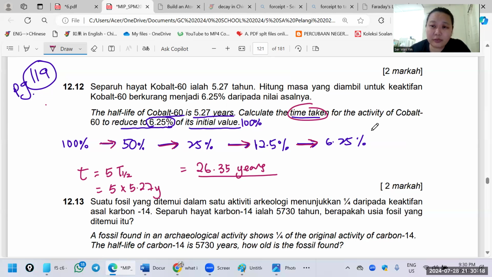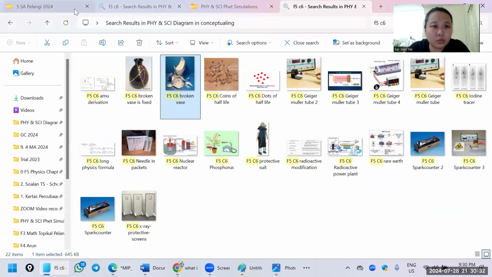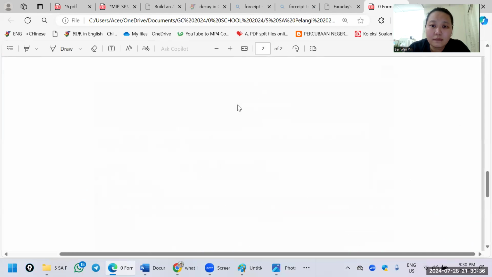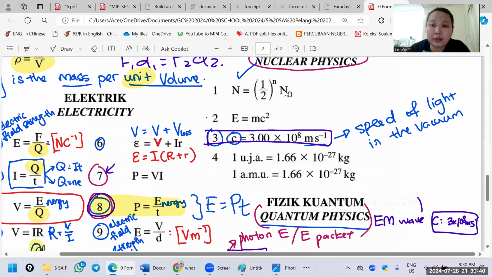Or if you want the formula, N equals half to the power n, times N naught. Formula given or not? I think so. Yeah, formula is given. Formula is good.